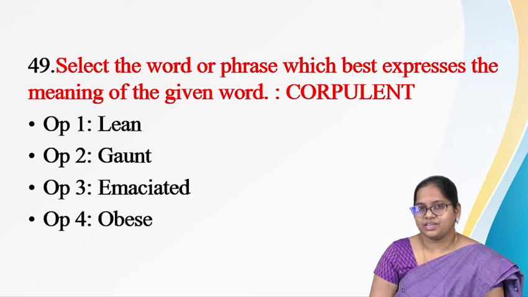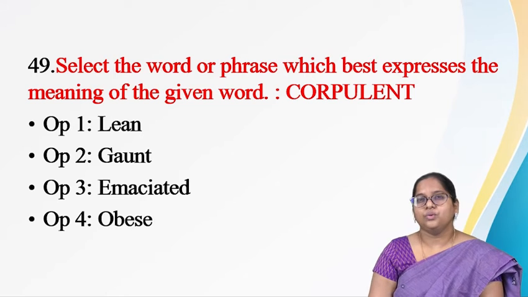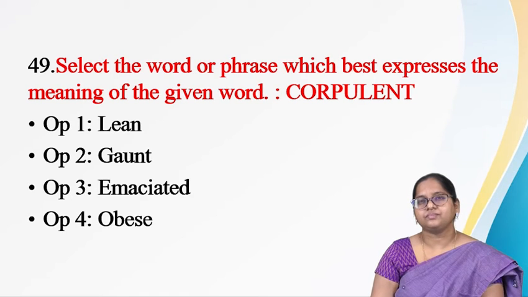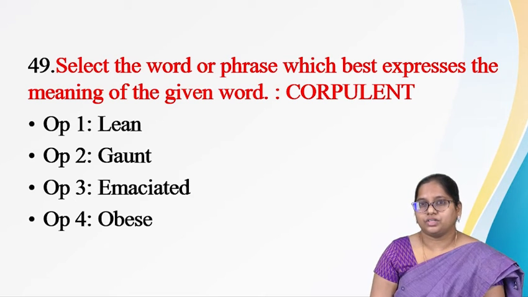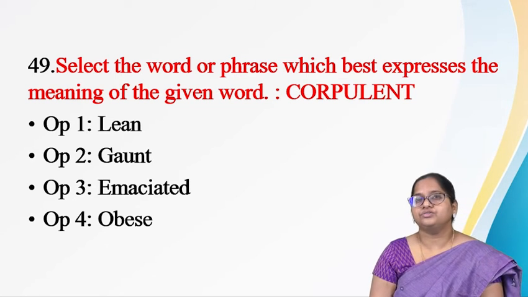Select the word or phrase which best expresses the meaning of the given word. Corpulent. So what is the meaning of this word? Option 1 is lean. Is it to do with leanness, thinness? Option 2, gaunt.